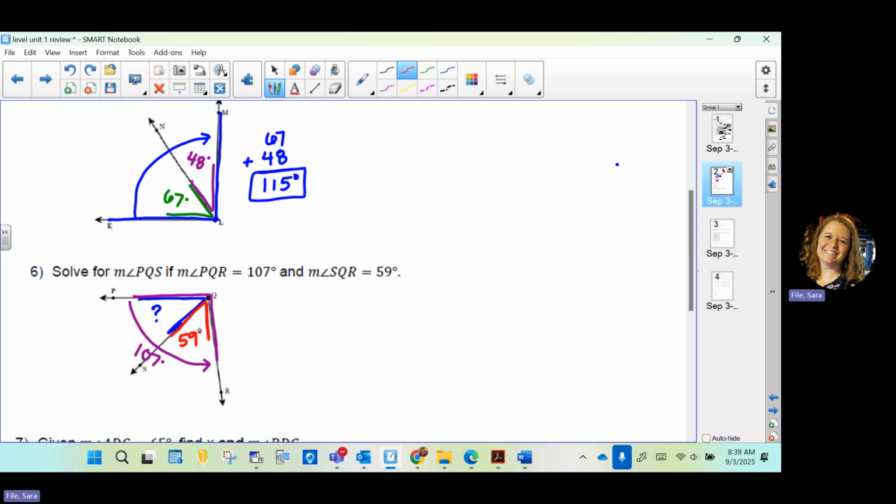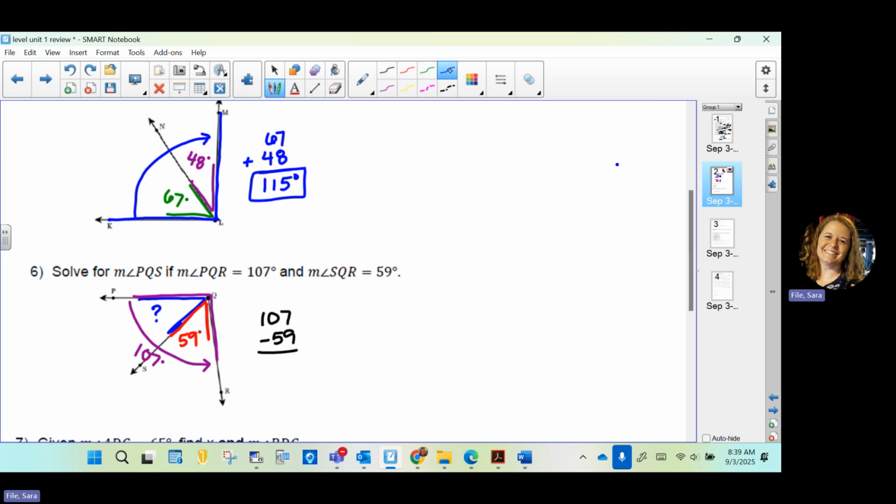So what do I do with those? Well, if I know the 2 smaller ones, I added them. This time I know the big one. Yeah, so I'm going to subtract this time. I have 107 is the total, take away the 59 that one of them used to see what's left for the other angle. So 107 minus 59 is 48.